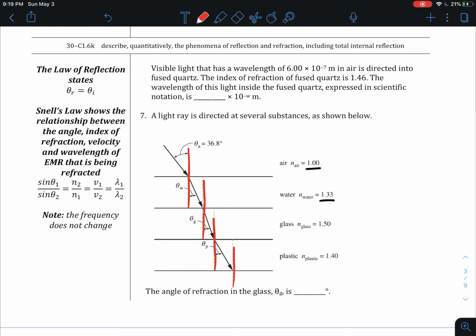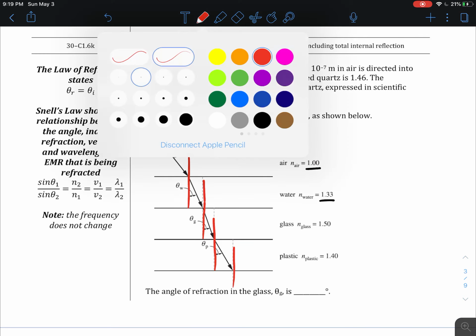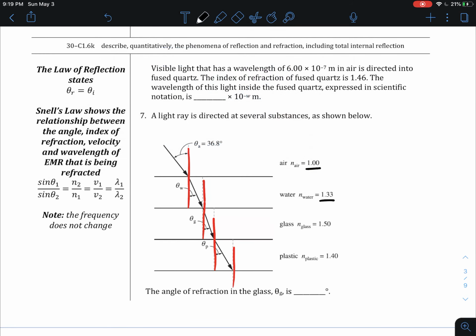In this case, it is asking for glass. The little shortcut that I mentioned probably in class, if you remember, is that you can jump from air straight to glass without going through the water situation. If you're using Snell's law to solve this one, you can say sine theta of air divided by sine theta of glass, and just use these ratios.